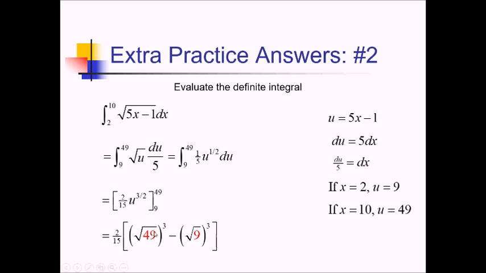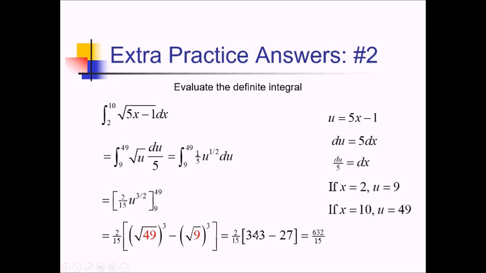Cubing that, I happen to know, gives me 343, but you could certainly multiply it out by hand. And then over here, square root of 9 is 3. Cubing that is 27. If I subtract these, that's going to give me 316, and 2 times 316, that's going to be 632 over 15.